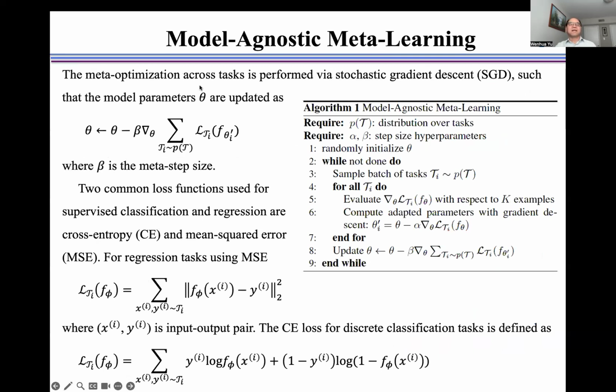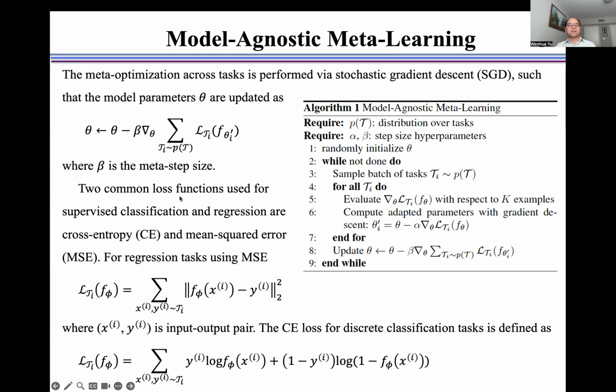The meta optimization across the tasks is performed via stochastic gradient descent, such that the model parameters theta are updated as shown here, where beta is the meta step size.